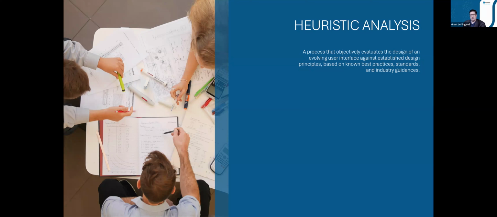So I just want to parse out a handful of these words. First of all, it's a process, right? So it's not a discrete event, it's something that has some rigor to it. It's an objective evaluation. We'll get more into this as we go on, but it's a very objective process, agnostic to anything else that might influence your conclusions.